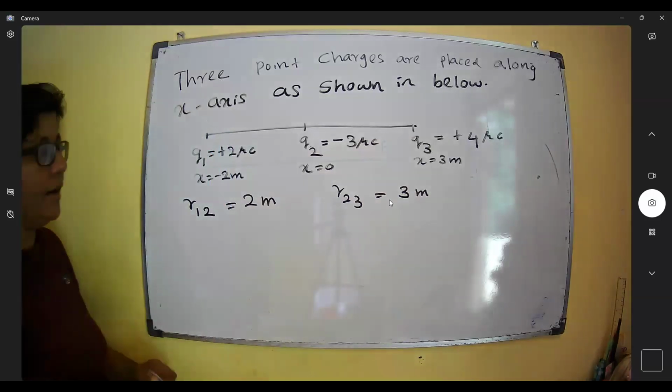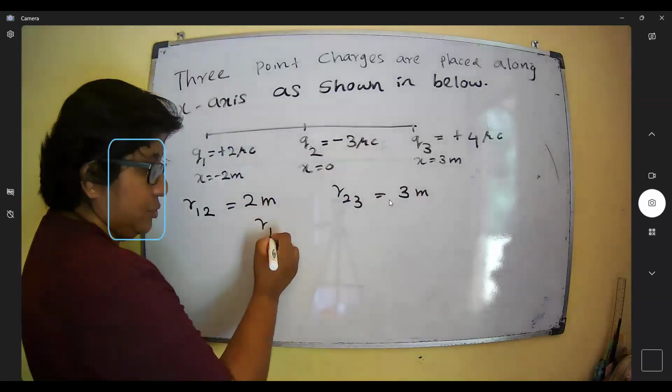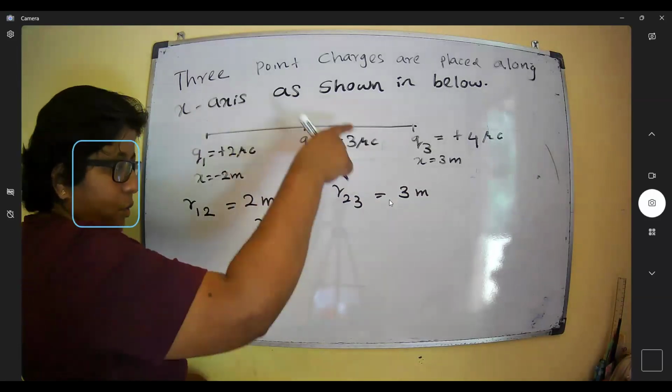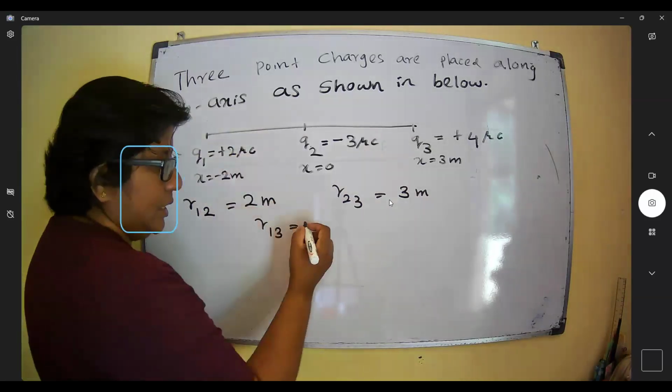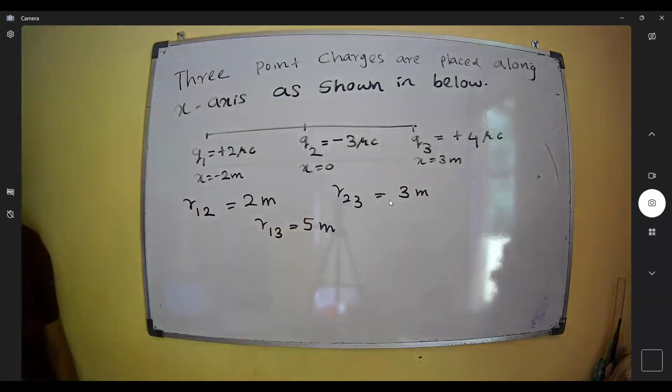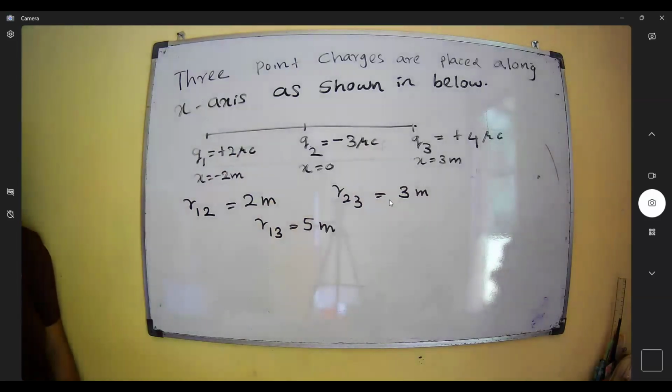And R1,3, the other pair, you should be aware, we have to consider 1 and 3 also. R1,3 is 5 meter, the distance between the first and third charge.